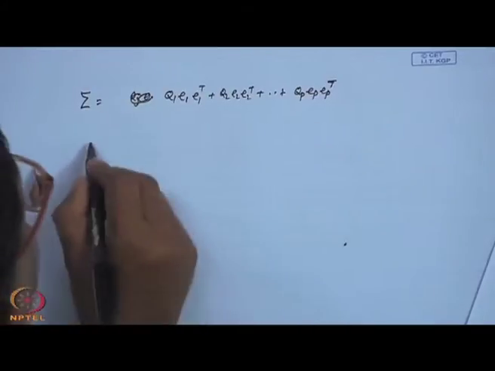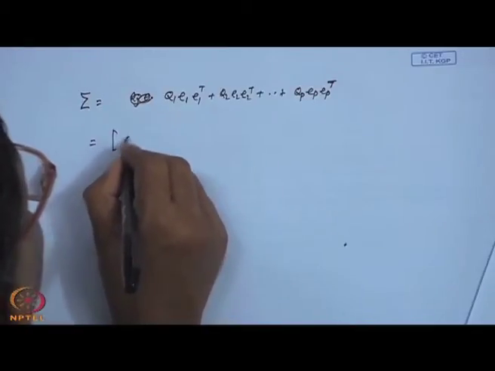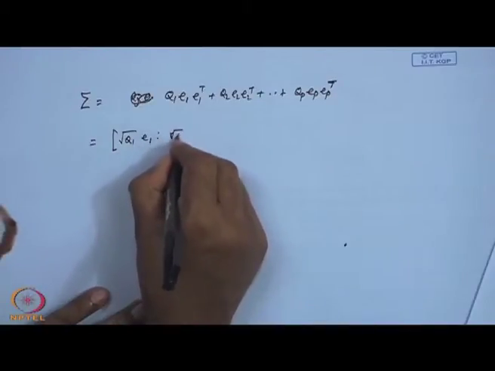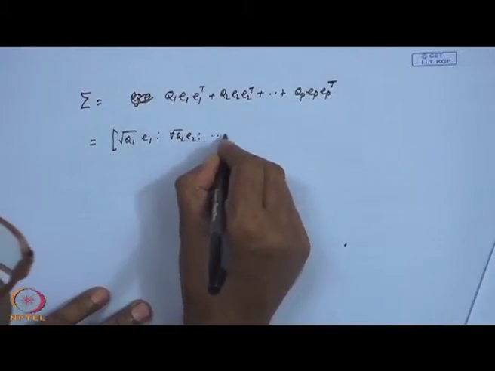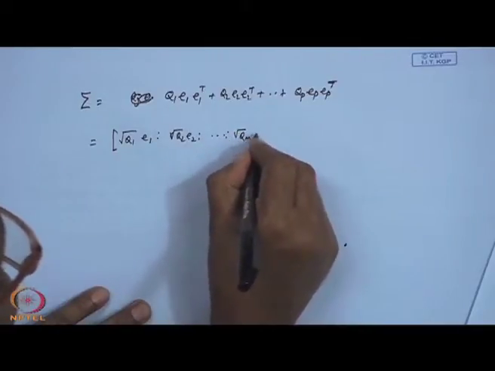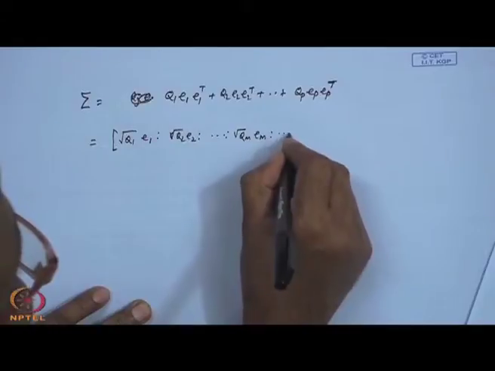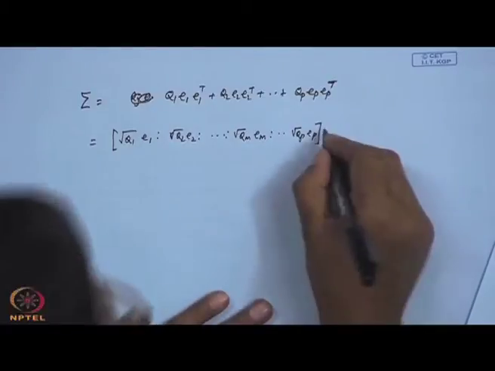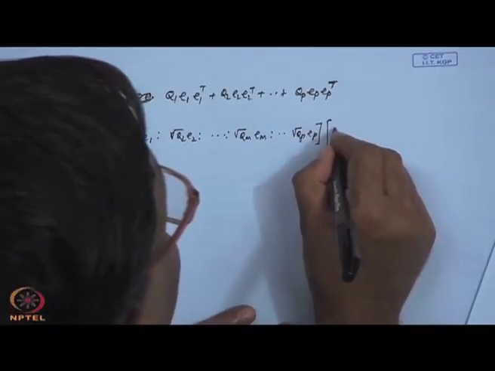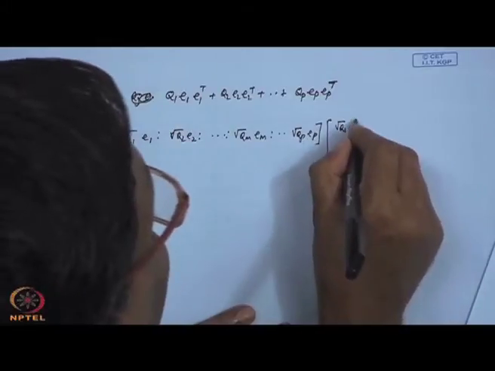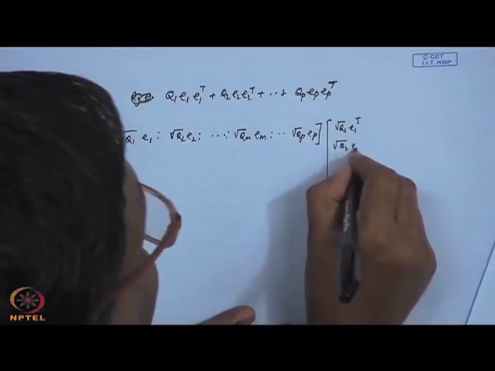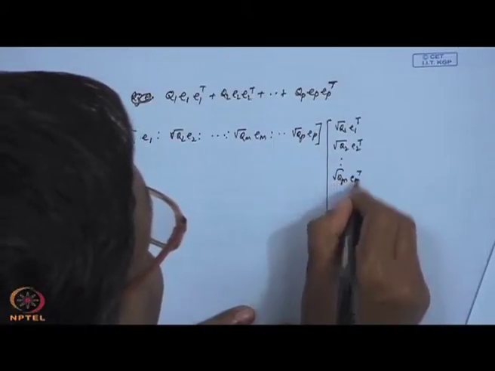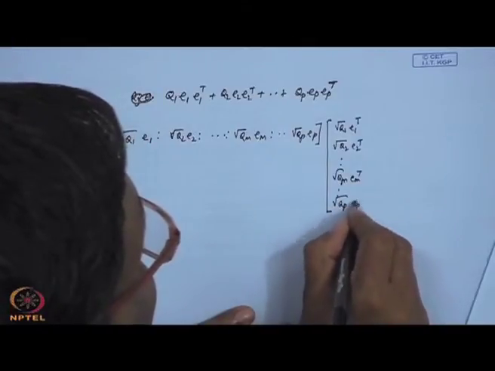In this manner, similarly, this can be written as [root Q1 E1, root Q2 E2, ..., root Qm Em, then root Qp Ep], multiplied by [root Q1 E1 transpose, root Q2 E2 transpose, ..., root Qm Em transpose, root Qp Ep transpose].